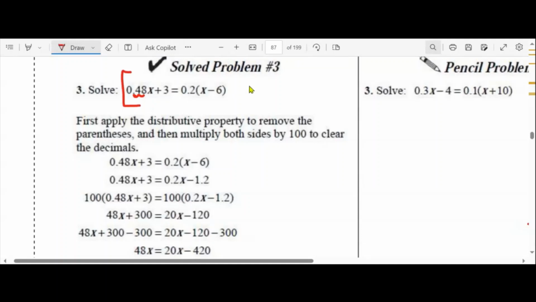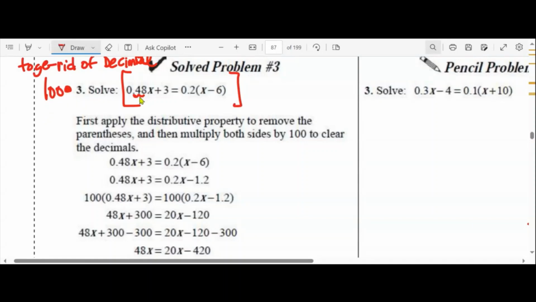Exactly. So multiply this whole thing times 100 to get rid of the decimal.